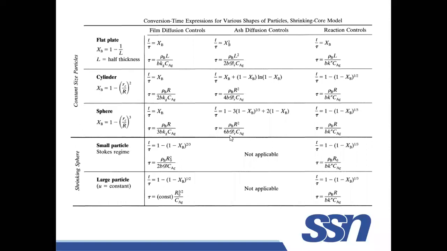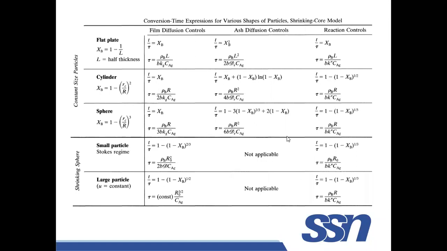In ash diffusion, tau is rho B R squared divided by 6 b De CAg. And for reaction control, tau is rho B R divided by b k prime CAg, right?